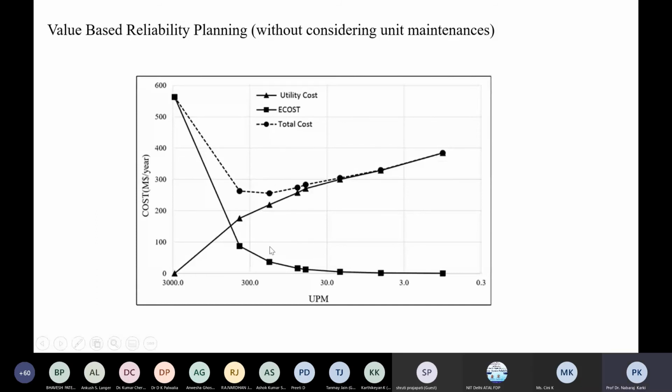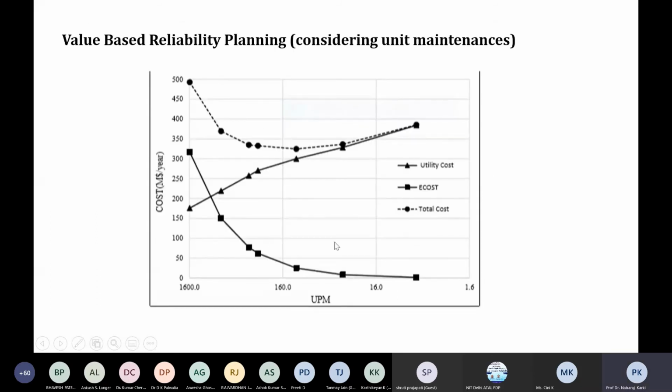But when we consider the unit maintenance, you can see this minimum has shifted towards the right side. Sorry, I think I made a mistake. This is the cost without considering the unit maintenance, because the minimum is somewhere here.